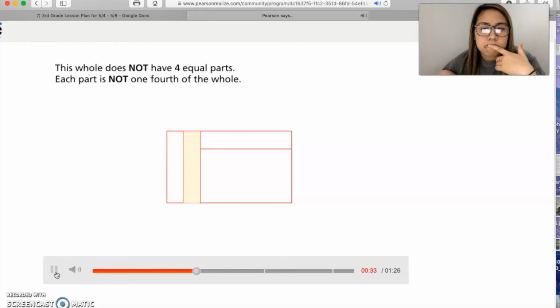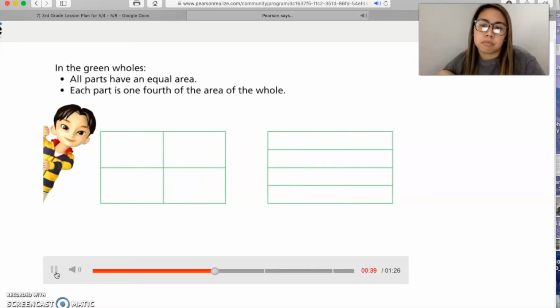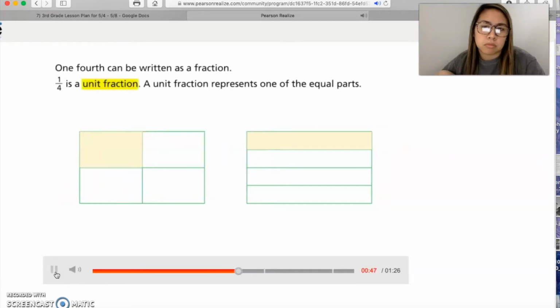Each part is not 1/4 of the whole. In the green wholes, all parts have an equal area. Each part is 1/4 of the area of the whole. 1/4 can be written as a fraction. 1/4 is a unit fraction. A unit fraction represents one of the equal parts.